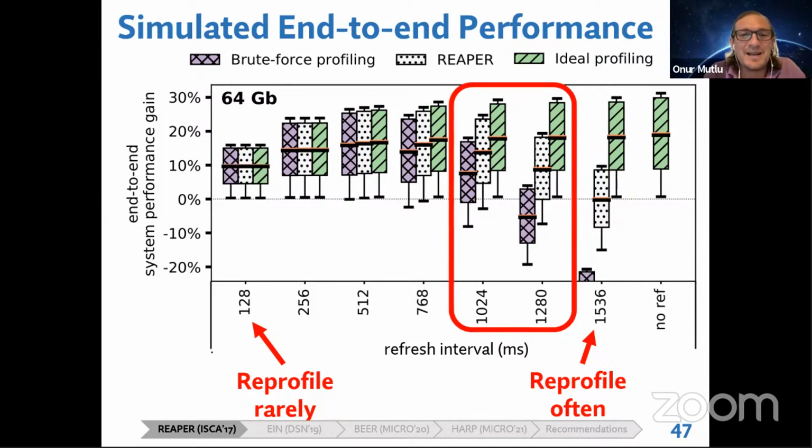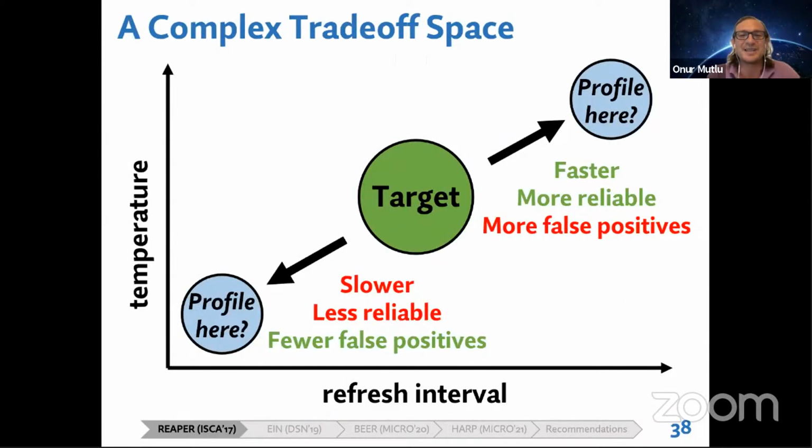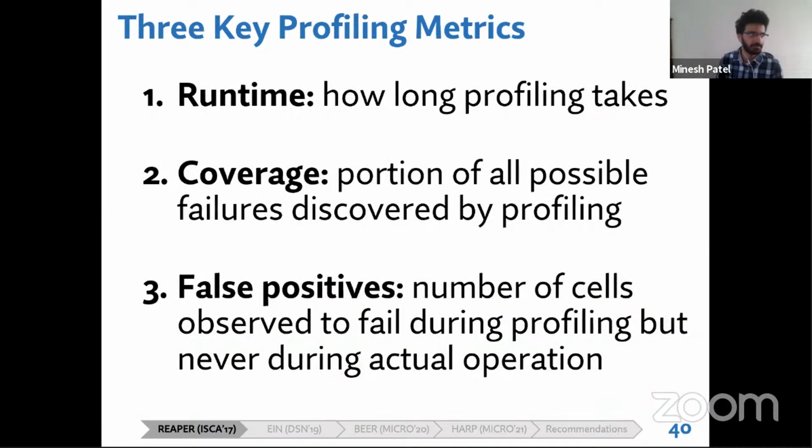Okay. I have one more question on the mechanism, because you mentioned this complex trade-off space of profiling. If you go to that slide where you show 3 metrics that you're really trying to optimize. Okay. So this one here? Yeah, this one.